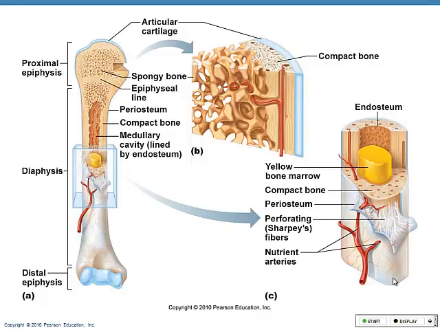A tuberosity, a crest, a trochanter, a line, a tubercle, an epicondyle, a spine, and a process. A head, a facet, a condyle, a ramus, a groove, a fissure, a foramen, a notch, a meatus, a sinus, and a fossa are. Yes? And where is all that information going to be? On that chart, 6.1, page 180. So do you have to know it? Yes, you do. And those, again, are all called bone markings.